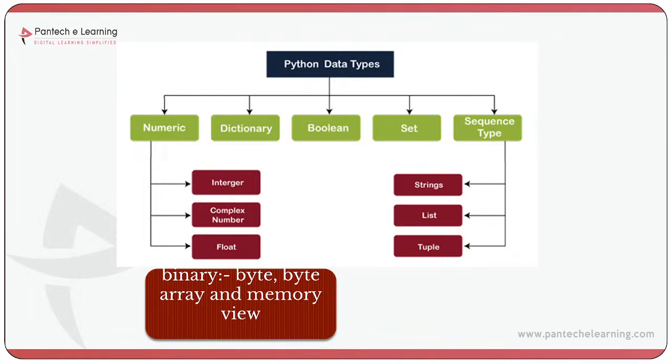Sets are used to store multiple items in a single variable. Set is one of the four built-in data types in Python used to store collections of data. And next, string data types.